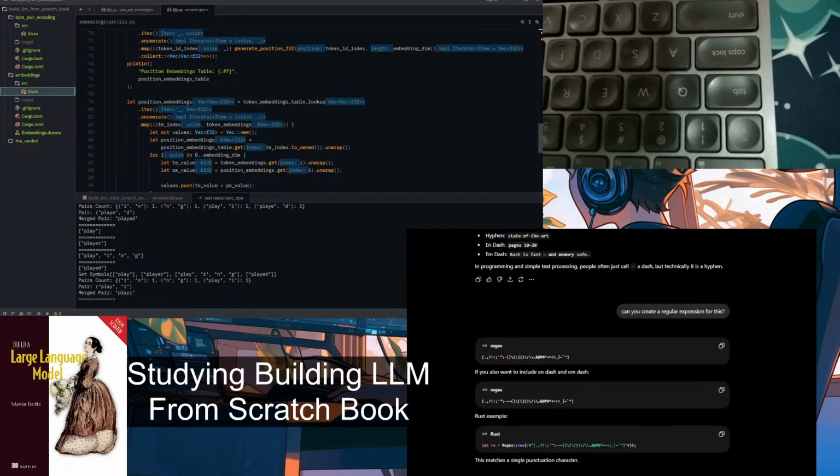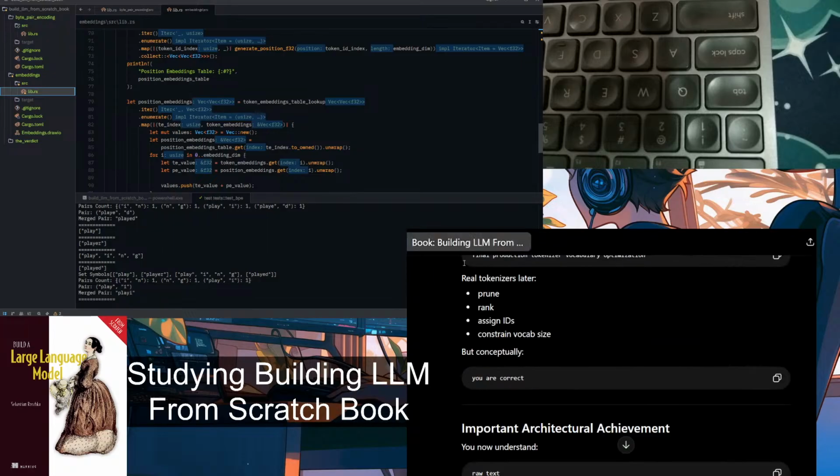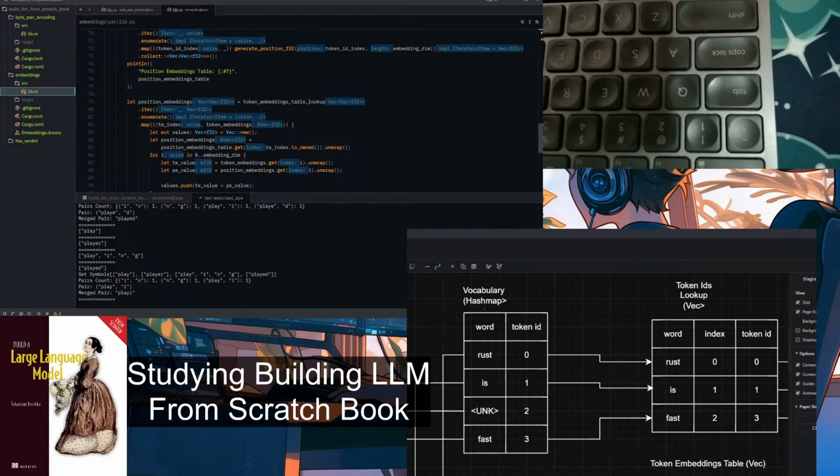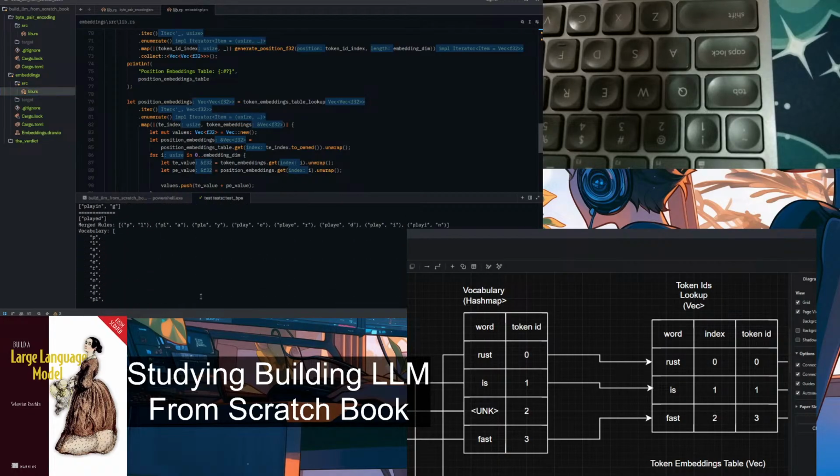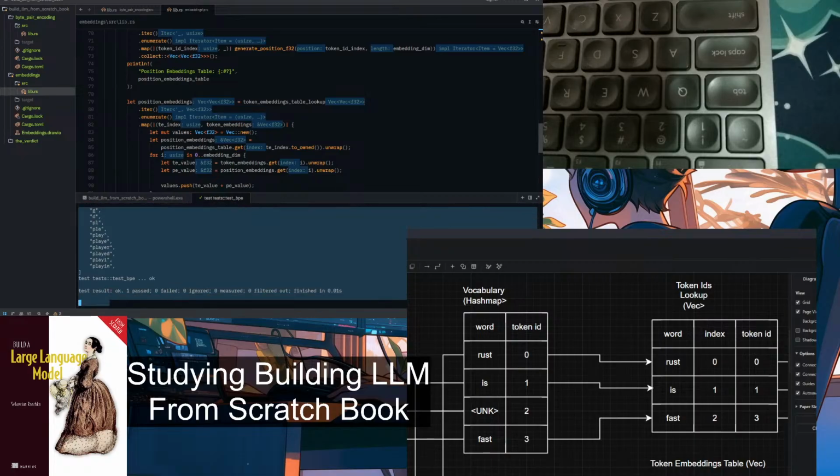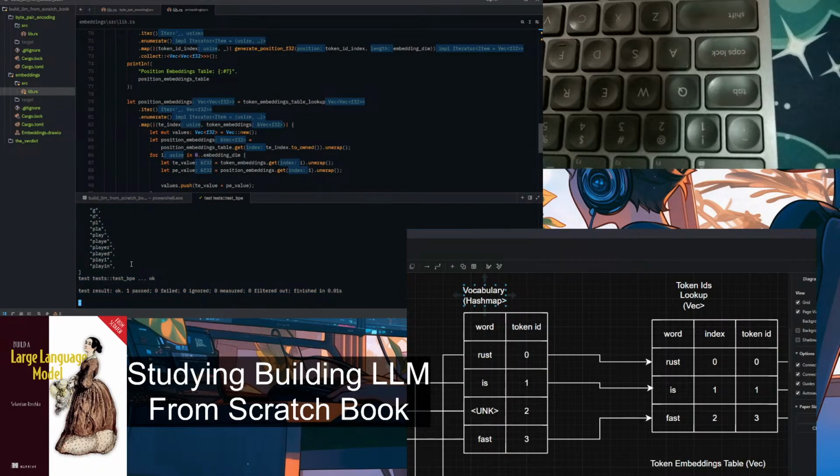So probably next topic, shoot, where am I now? Okay, here. So here, the vocabularies that I generated, I need to turn it to hash map, with corresponding token ID, including the unknown.